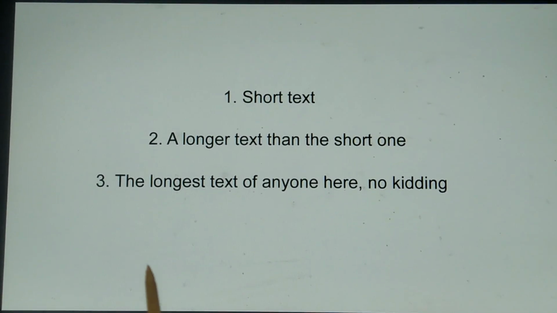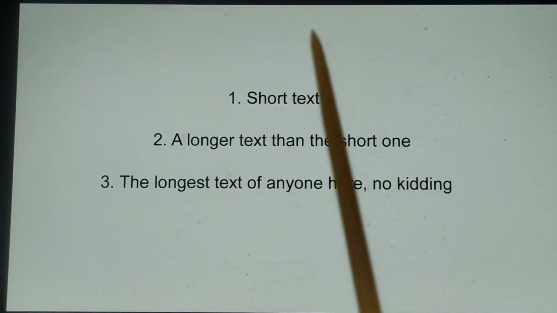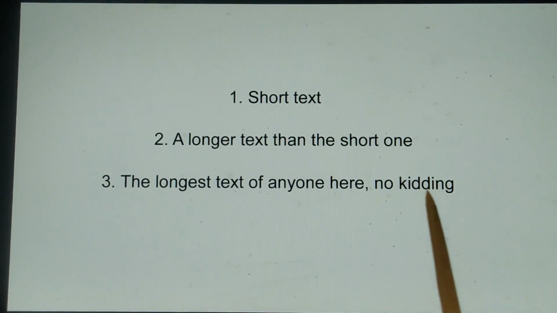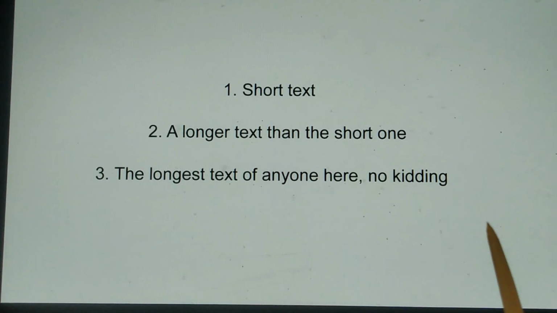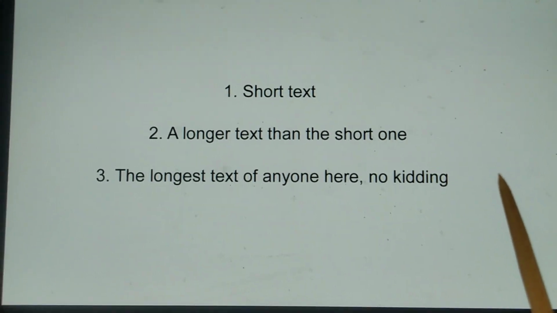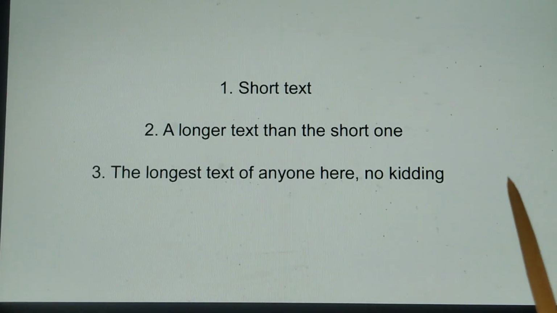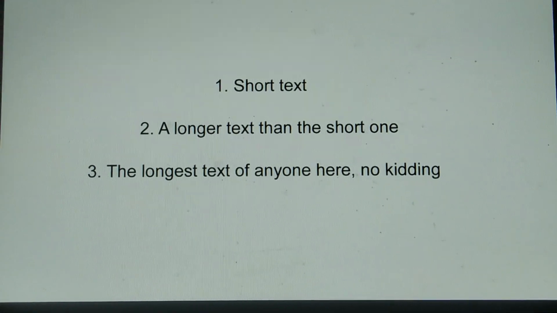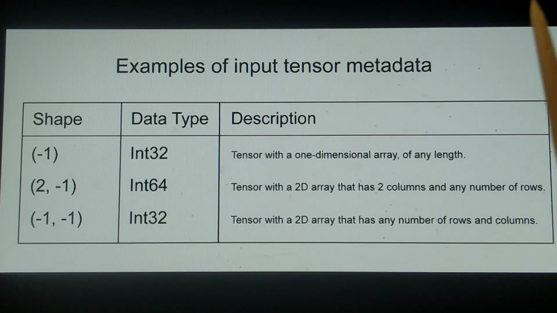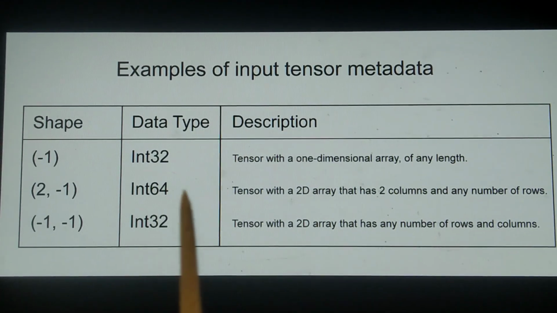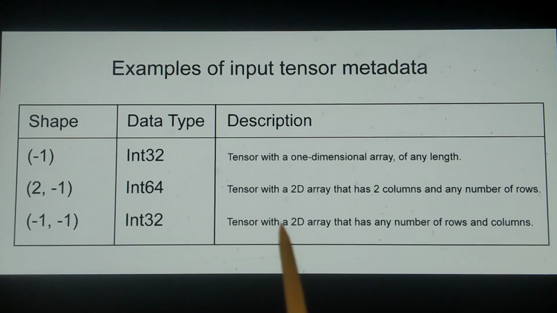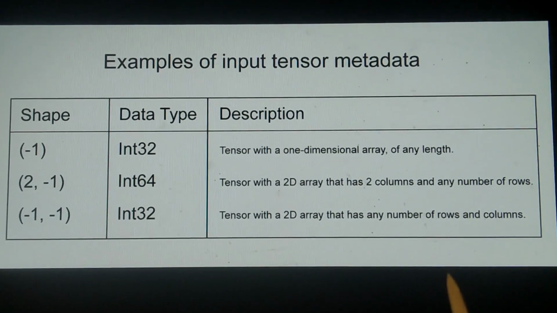If a model is designed to process text strings of arbitrary length, creating an input tensor might look like this. First comes the essential step of determining what type of tensor the model accepts as input.